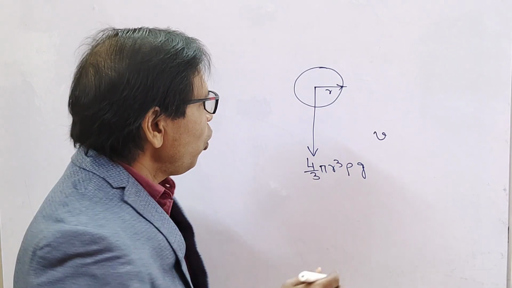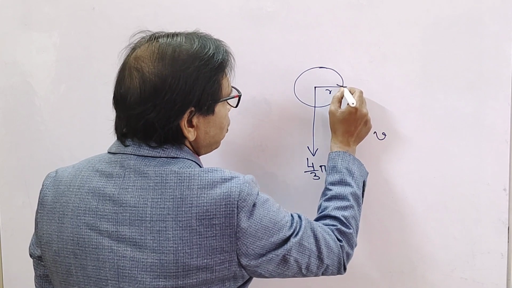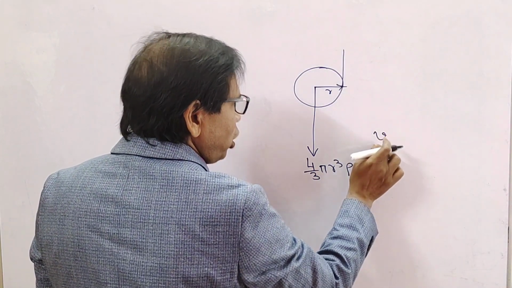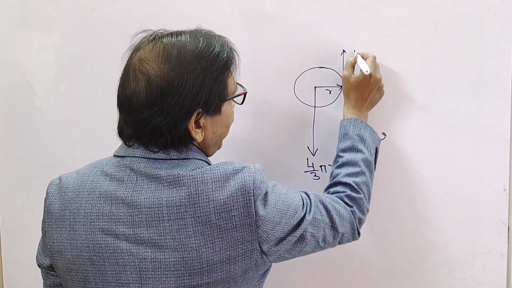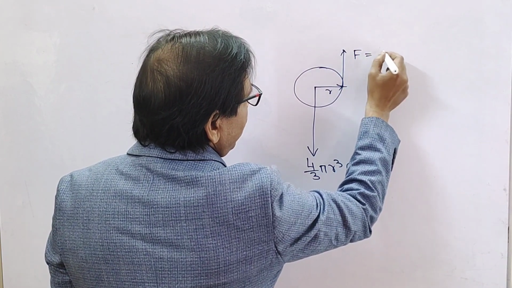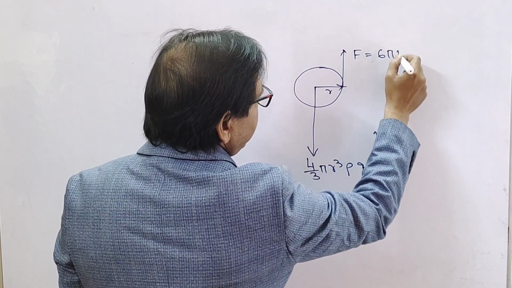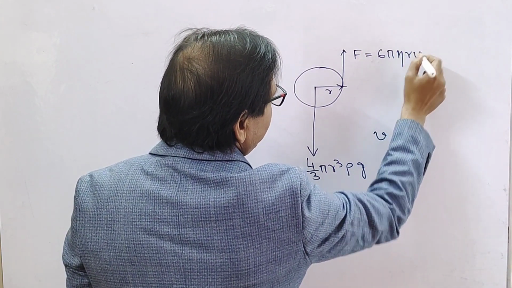Now what is the viscous force? As terminal velocity is v, the viscous force acting on it is 6 pi eta r v.